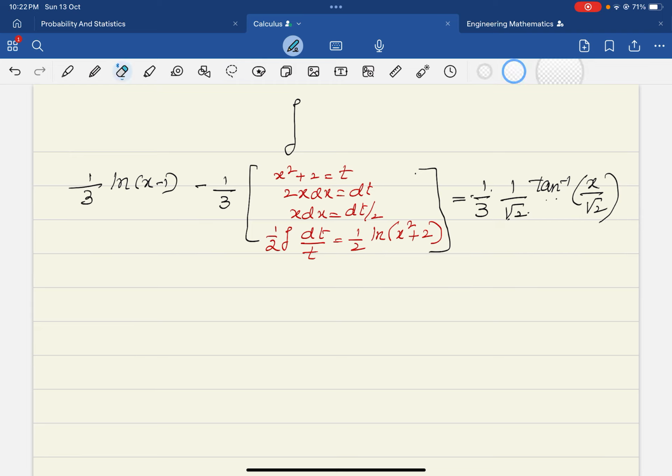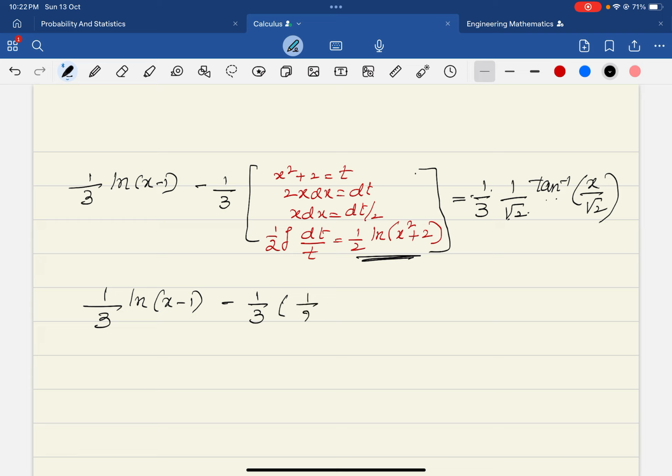Let us see how to solve this. Now simplification we will do, that's it. 1 by 3 times ln of x minus 1. Now minus 1 by 3 times the answer you got, so minus 1 by 3 times 1 by 2 times ln of x square plus 2. And then minus 1 over 3 root 2 times tan inverse of x over root 2.